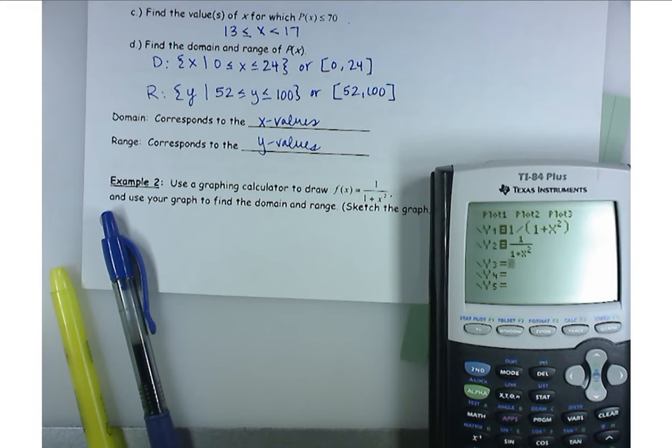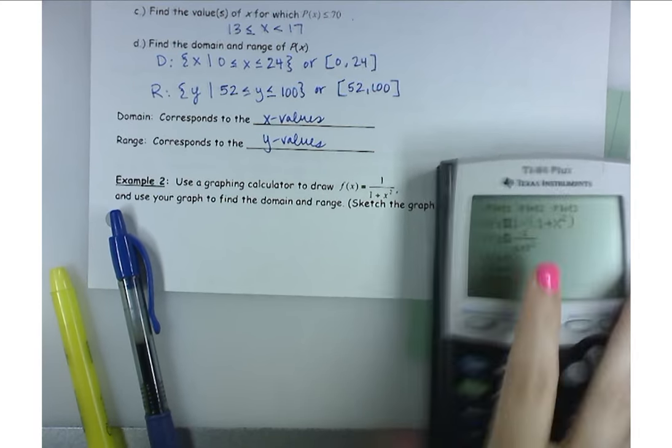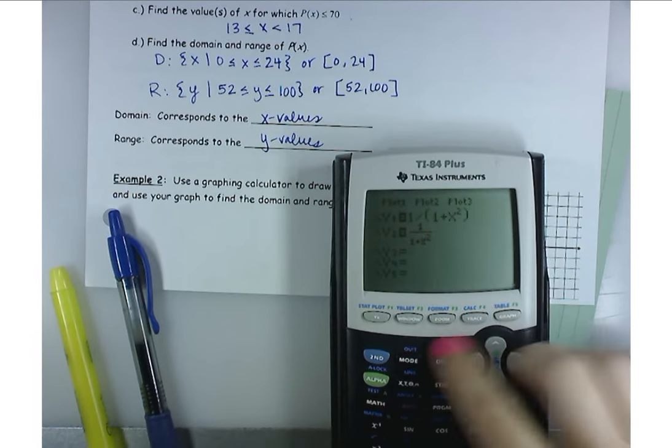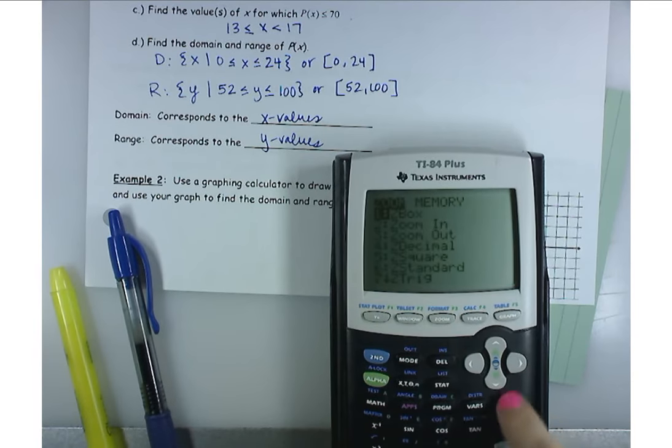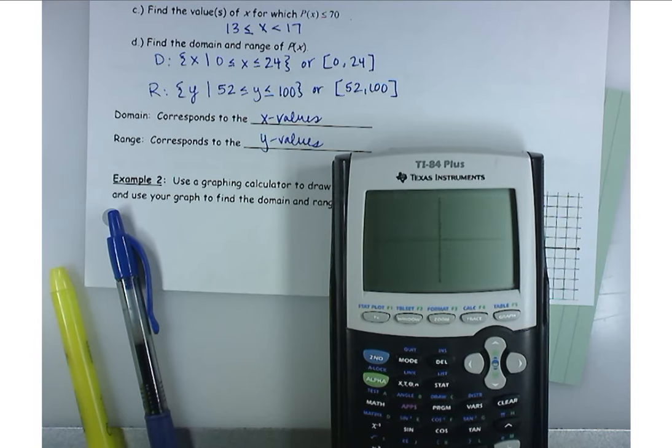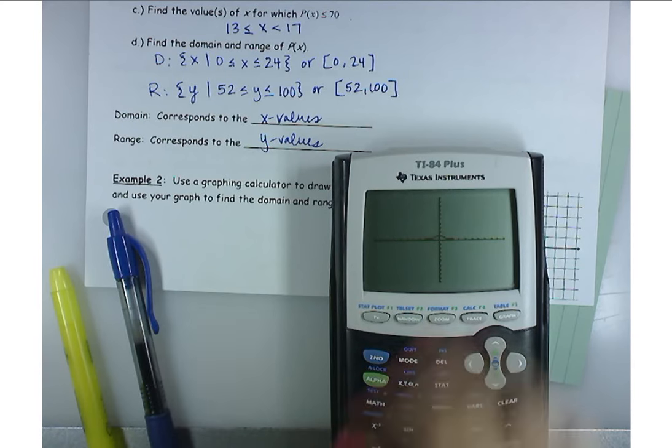Okay, so now we're going to go ahead and graph. If you just want to graph on a 10 by 10, go to zoom and then 6, which is ZStandard, and that is going to give you the graph on a normal 10 by 10. You can see it looks like we have a very small little hill there. Yesterday we talked about how you can adjust your graphing window, and that's what we're going to do today.